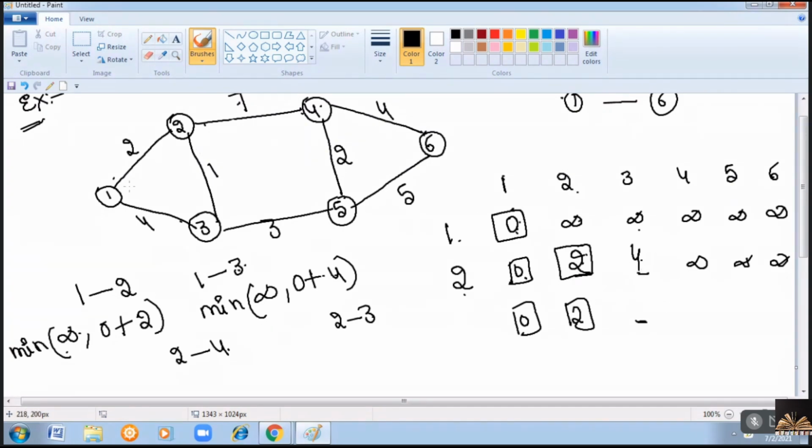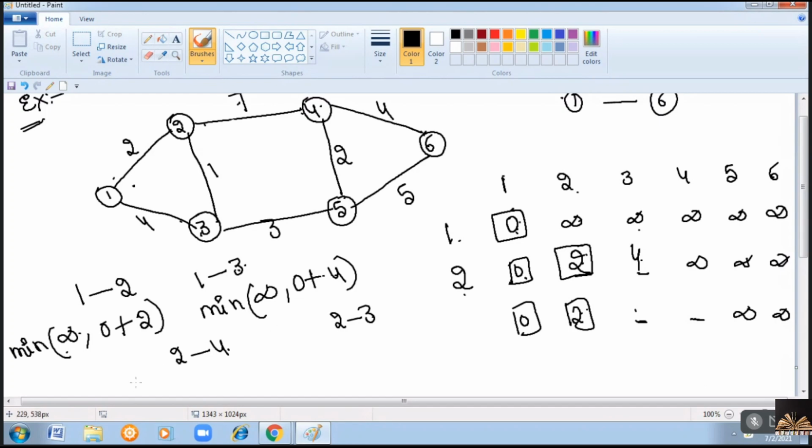When you travel from 1 to reach the vertex 3, you have the weight as 4. But when you are traveling through the vertex 2, this weight may change. That may increase or may decrease, right? So the 2 to 4 and 2 to 3 values may be changed. Leave them, and remaining values will be infinity only.